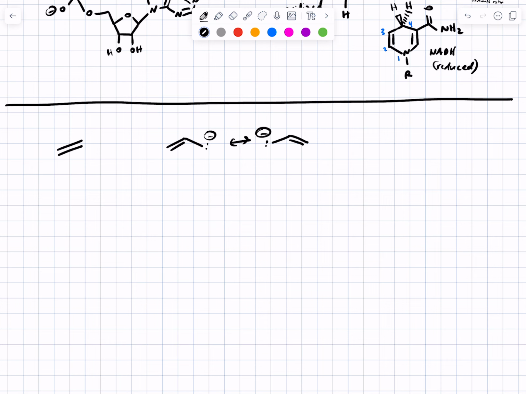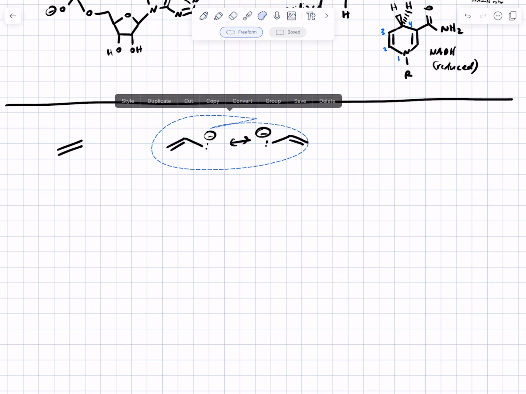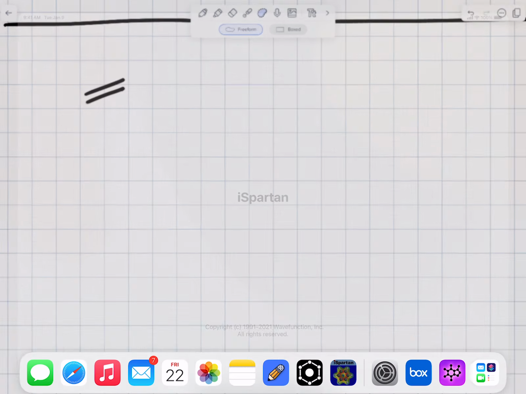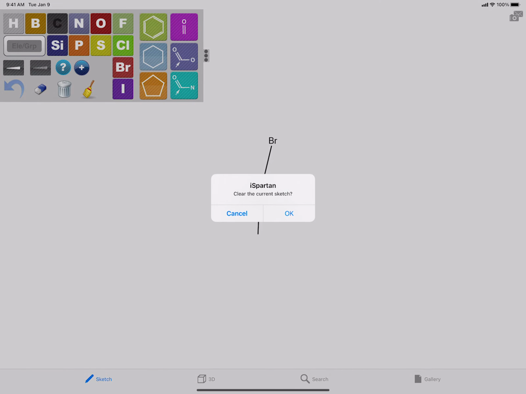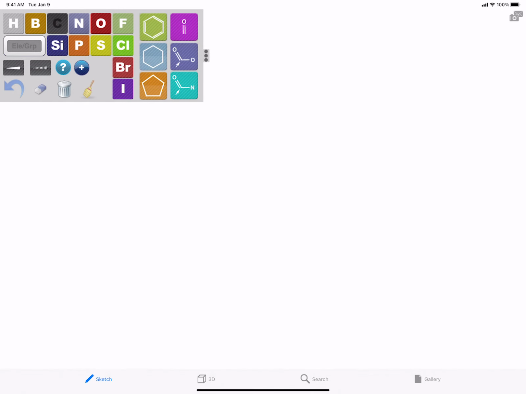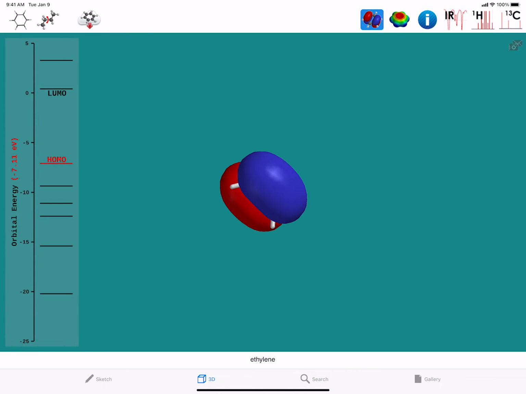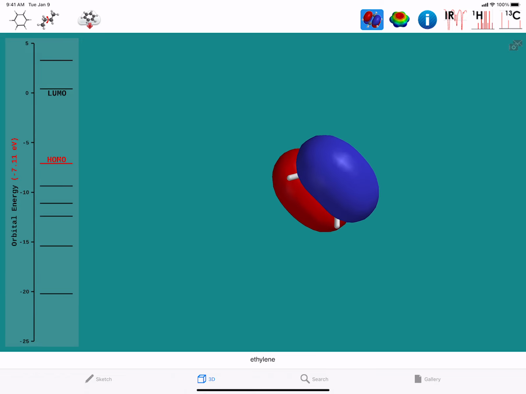So to illustrate this, we're going to draw our simplest alkene in Spartan, and then we'll get some numbers for the gap between HOMO and LUMO. So we've got to pay attention to these numbers on the left.